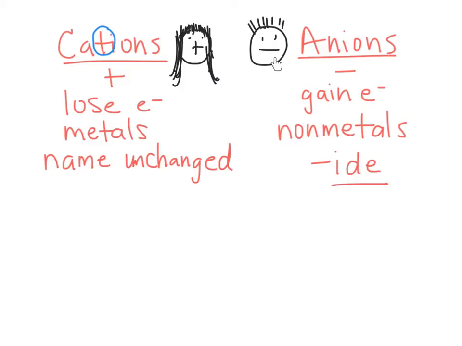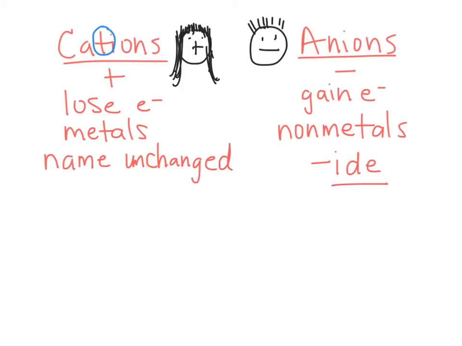They don't really care that much about gaining or losing weight, so they get this so-so face, like a line, which represents the negative charge. All right, so girls are cations, boys are anions. Losing electrons, losing weight, feel more positive about themselves. Gain electrons, gain weight, just kind of so-so.